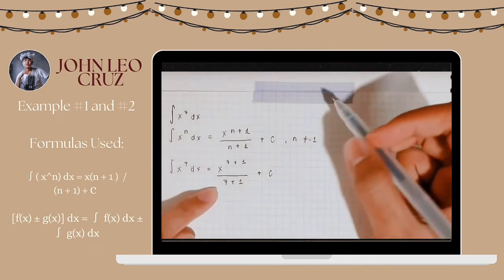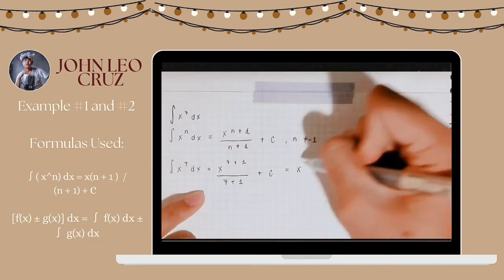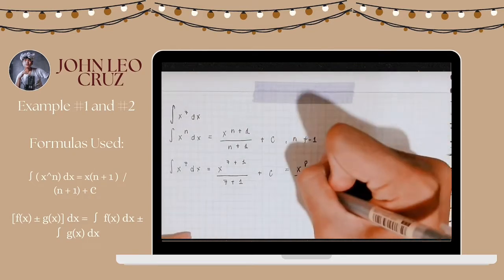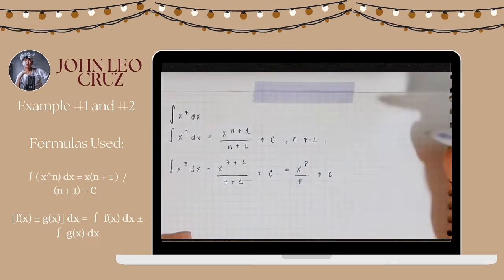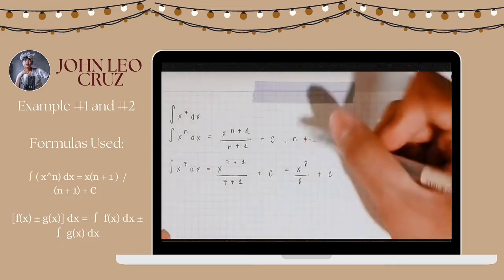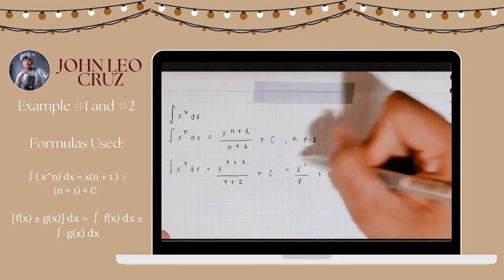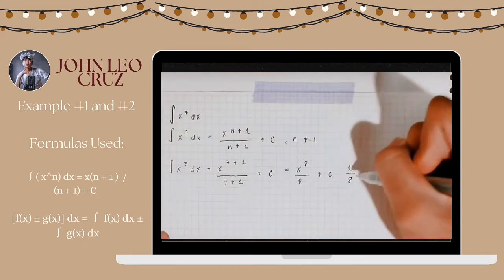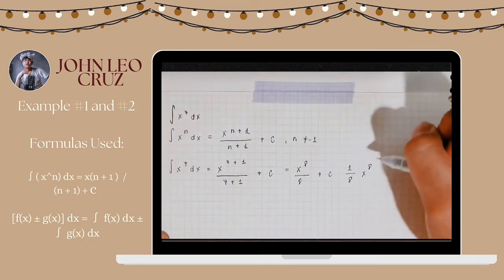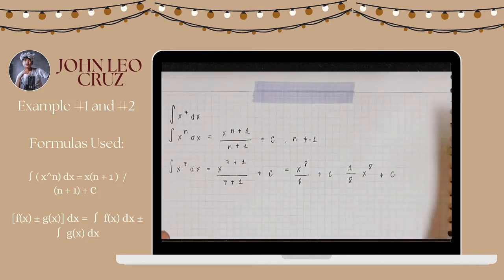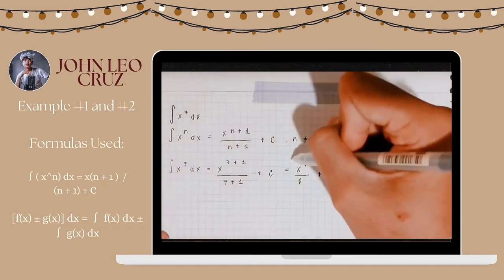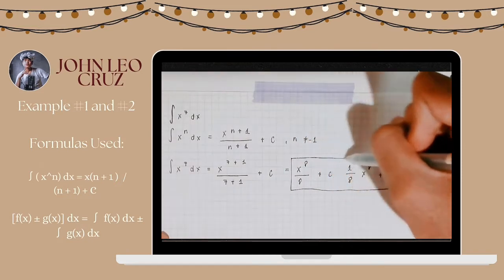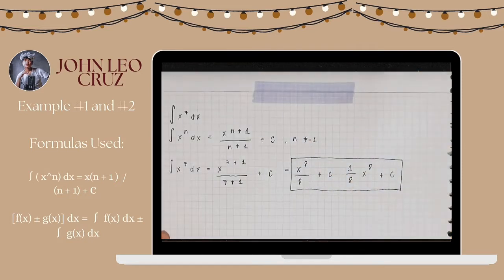To simplify this, we get x raised to 8 over 8 plus c. Or we can rewrite this answer as 1 over 8 x raised to 8 plus c. And that's it. This is our final answer.